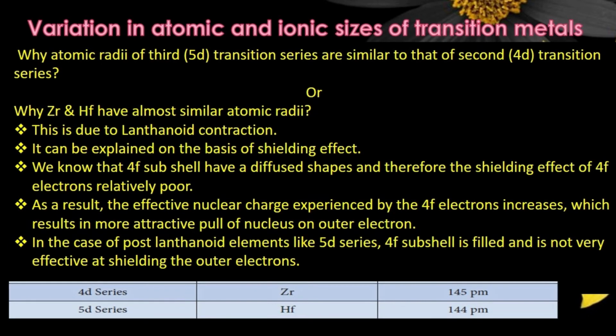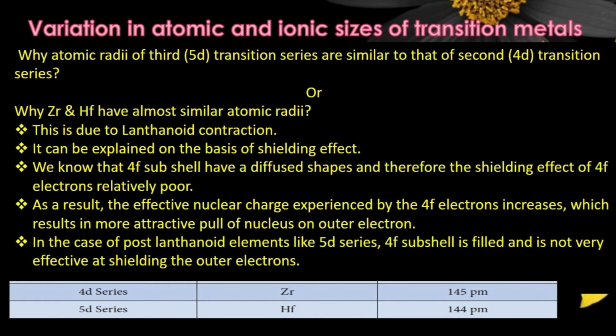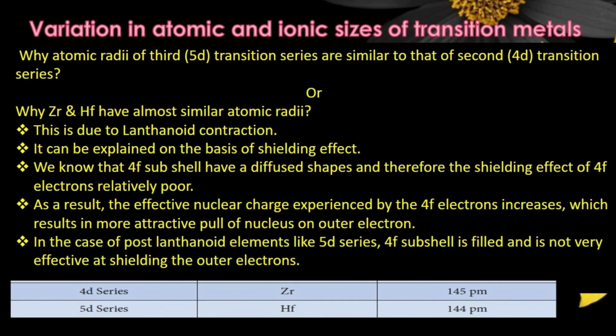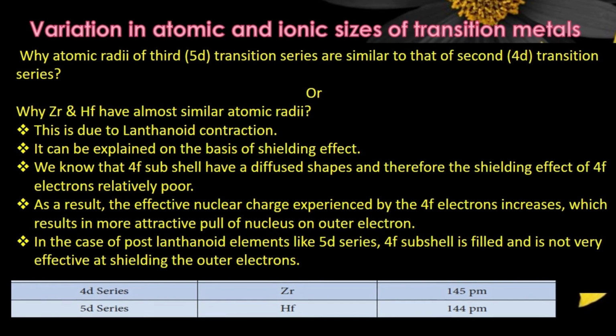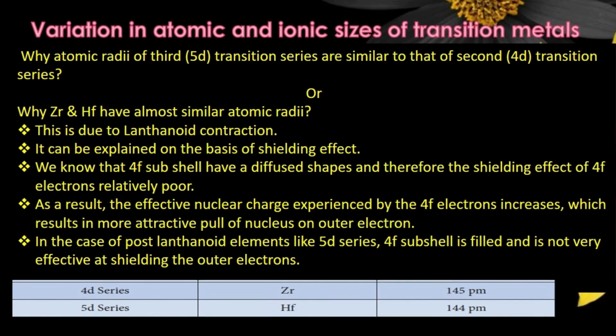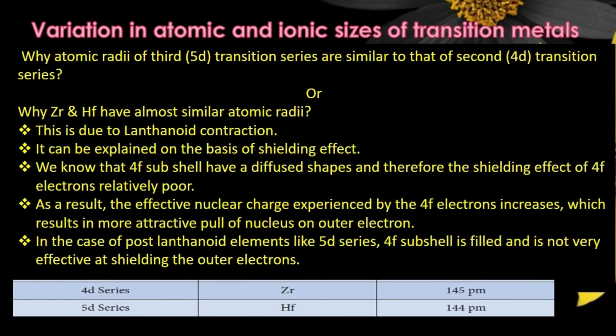The 4f subshell poorly shields the outer electrons from nuclear attraction, which results in more attractive pull of nucleus on outer electron.